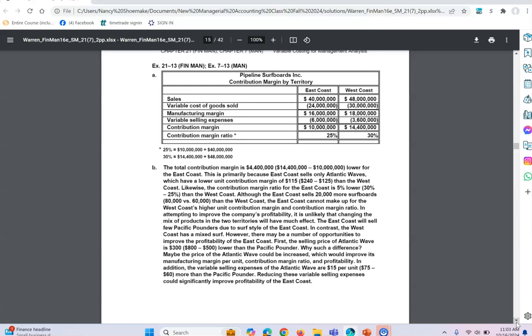The selling price of the Atlantic Wave is lower than the Pacific Pounder. Why is it? Could possibly that price be increased, which would then help the manufacturing margin? So those are just all things to consider in analyzing how this works.